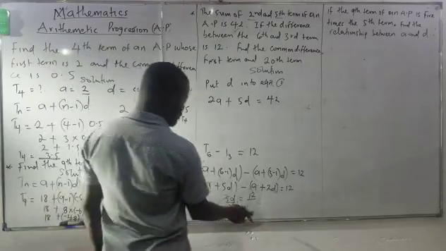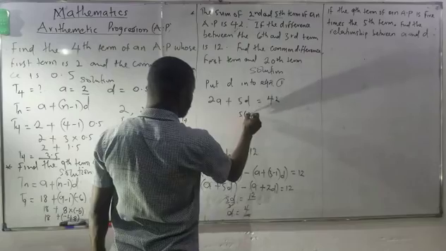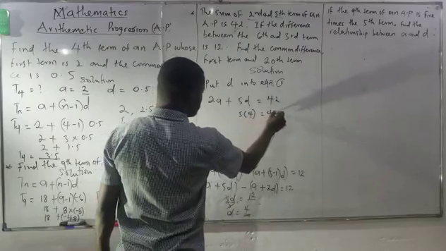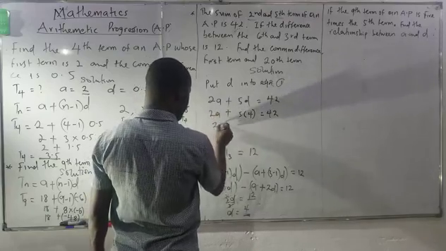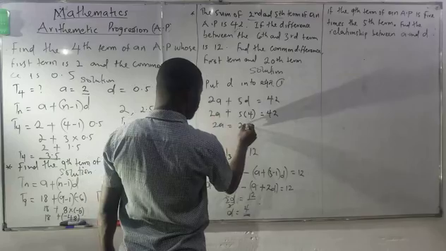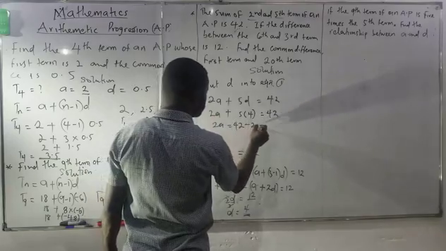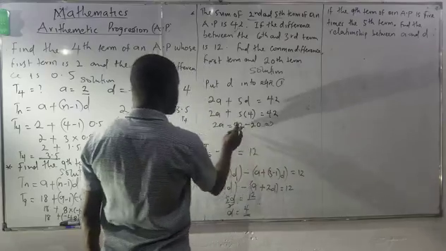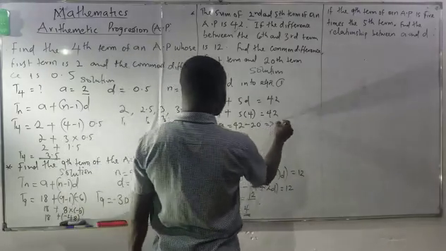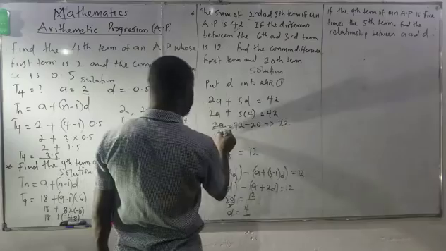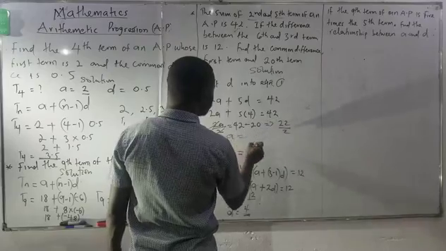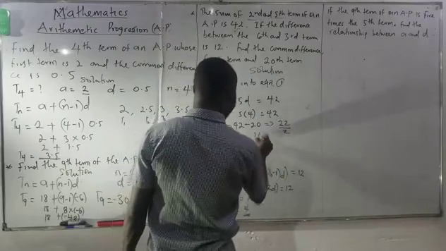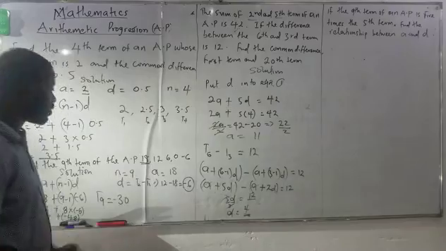Now this is going to be 2A plus 5 bracket of 4 equals 42, so 2A plus 20 equals 42. 2A equals 42 minus 20, which is 22. Divide both sides by 2, and my A equals 11.